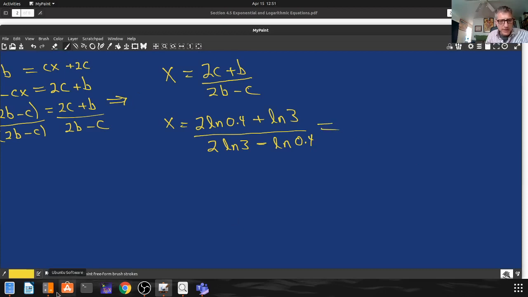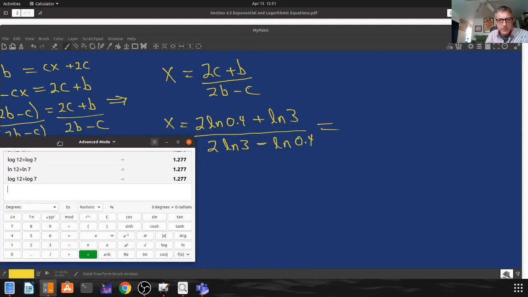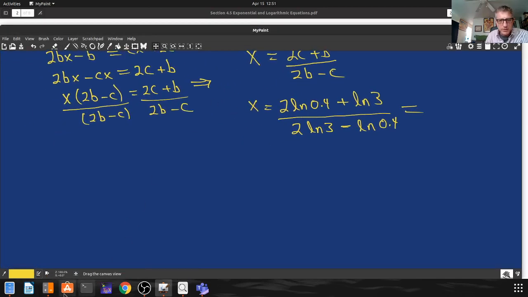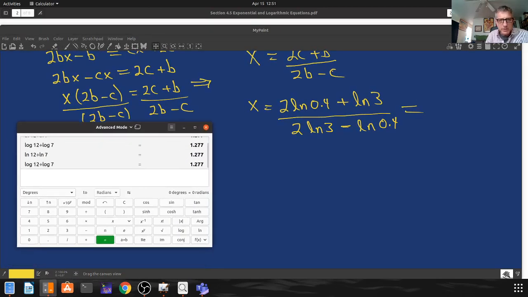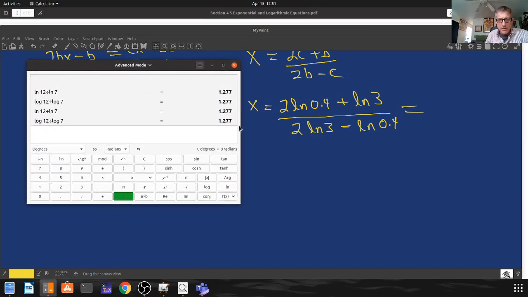So let's bring up the calculator, clear it. It'll be easier if I just move this over. Can I make it bigger? Well, it doesn't make the buttons bigger. That's fine. Let's clear it out. Since this is a division, the primary mathematical operator, I'm going to put the numerator in parentheses.